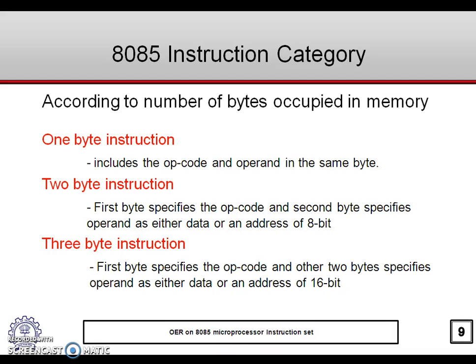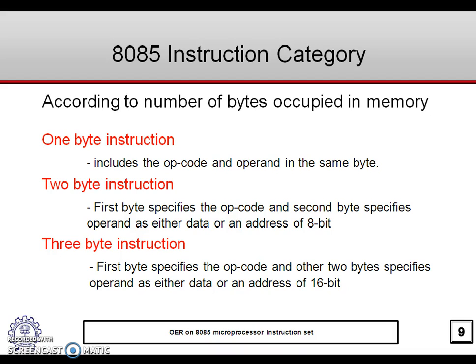In 2 byte instruction, first byte specifies the opcode, while the second byte specifies operand as either data or an address of 8-bit. The next one is 3 byte instruction. First byte specifies the opcode and other 2 bytes specify operand as either data or an address of 16 bit.